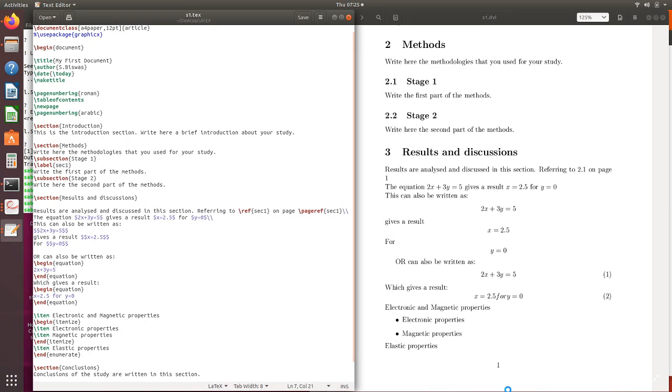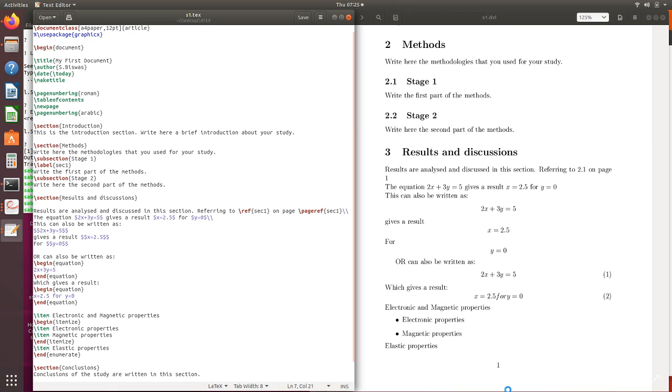One of the important reasons for using the LaTeX editor is that it is exceptionally good for typing equations in your document. Compared to other text editors such as Microsoft Word or similar word editors, the LaTeX editor is very useful and has plenty of different tools for typesetting equations.